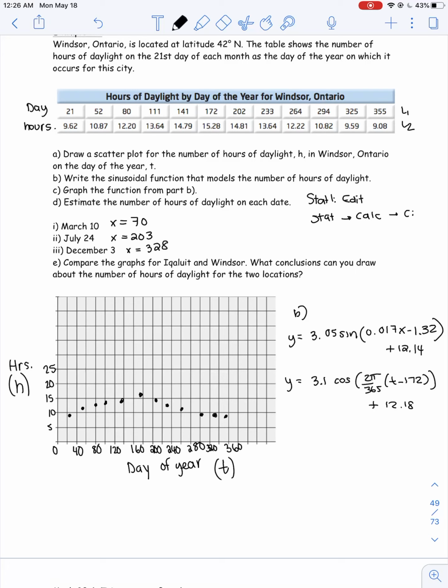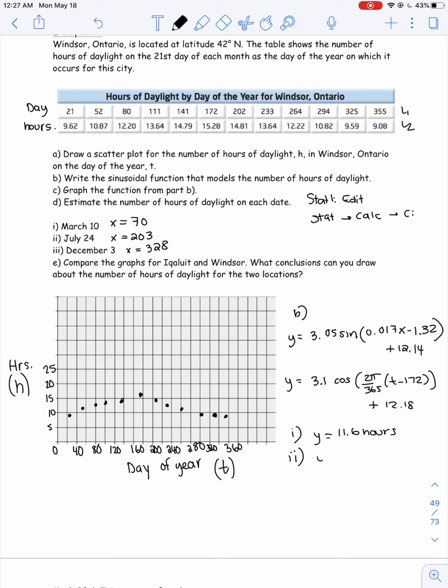So what you can do is plug them into your equation for t and then just solve for the equation. So if you plug t as, in the first case, 70, and put that in radian mode into your calculator, you should find that for the first one, the answer should be about 11.6 hours.